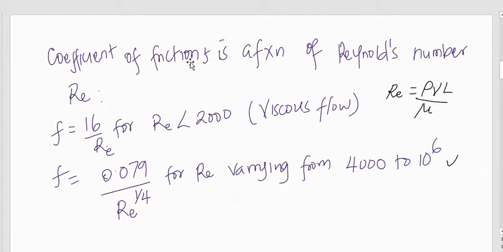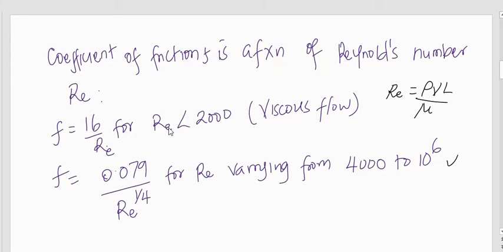Now, the coefficient of friction, f, is actually a function of Reynolds number. Reynolds number is a characteristic of the liquid that tells us how viscous the fluid is, or the magnitude of viscosity of the fluid.